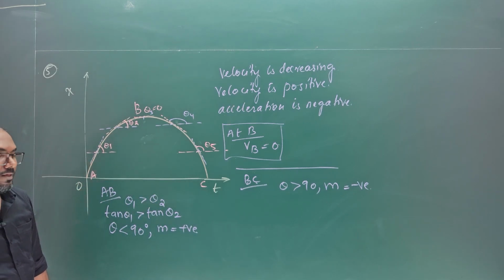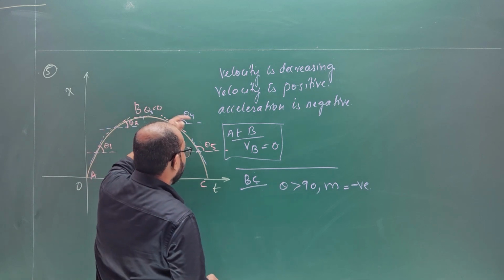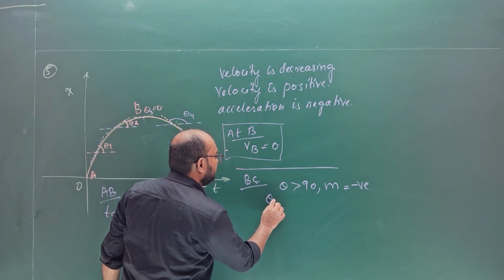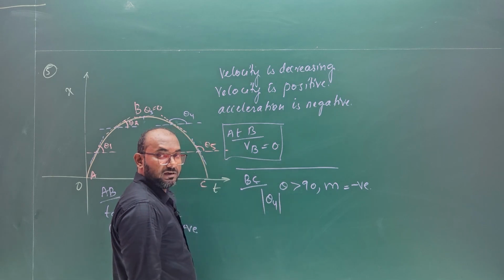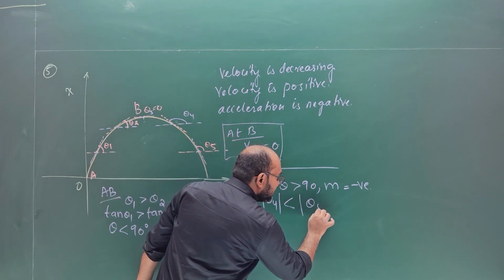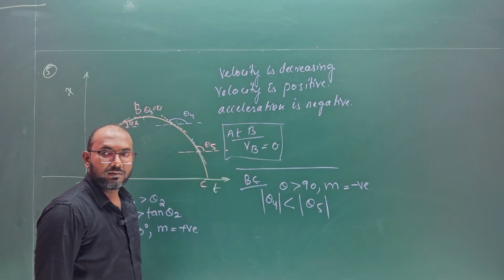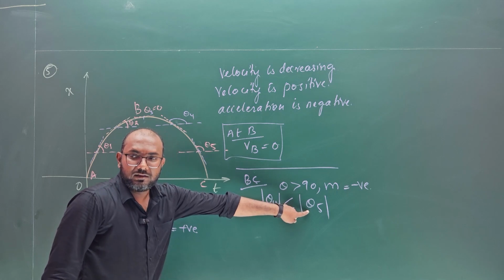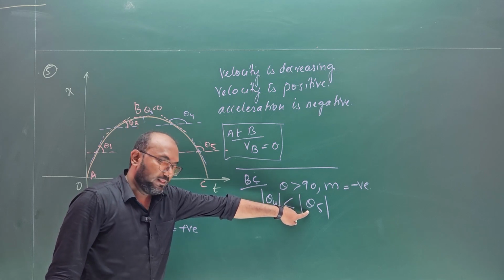Got my point? Okay, so from B to C, can I say that theta 4's magnitude is smaller than theta 5's magnitude? You will be getting a negative here and a negative here. That's the reason I am considering only the magnitude.